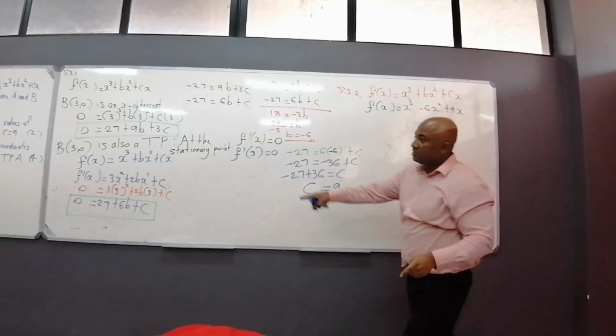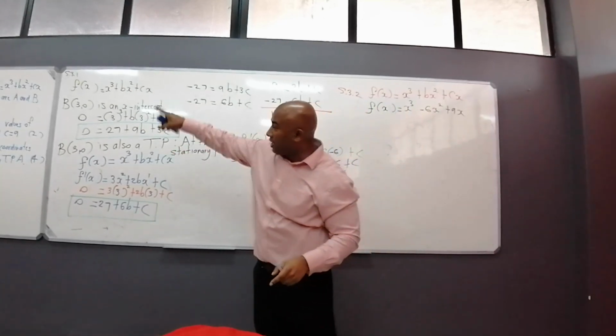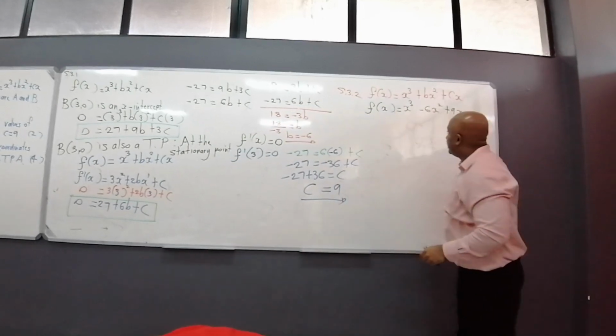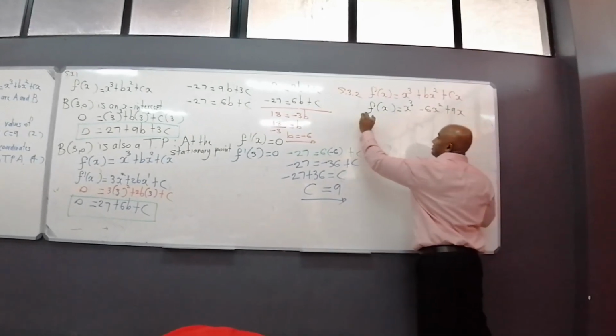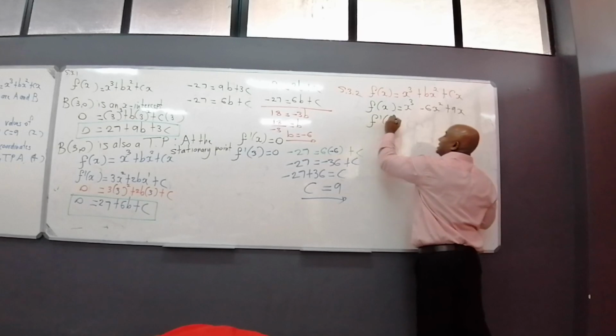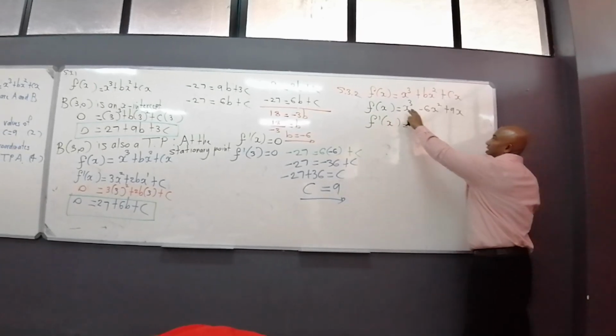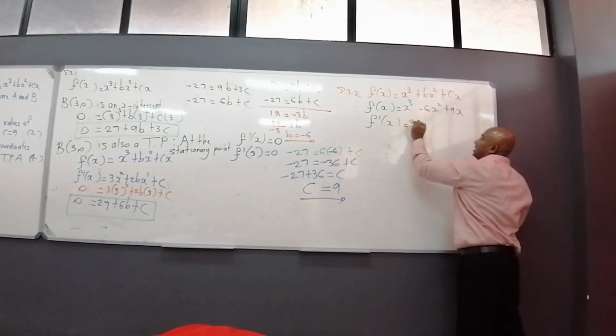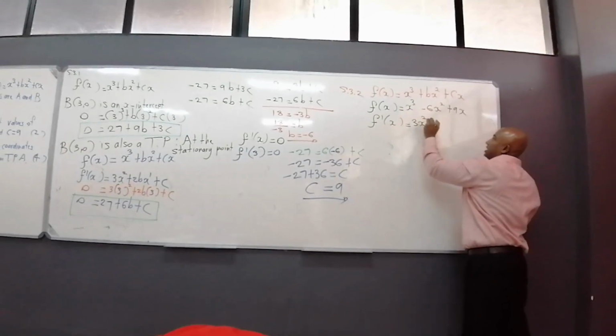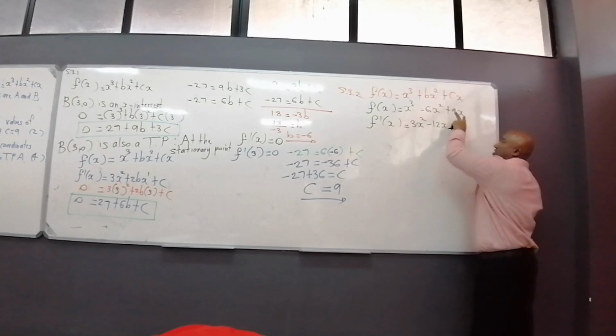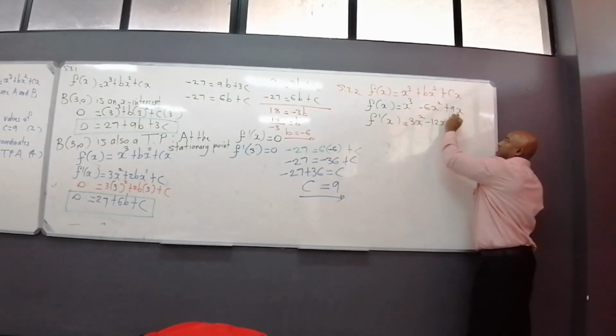So the question is, find the coordinates of the maximum turning point. Okay, so we need to find the first derivative, f prime x. To differentiate x cubed, that will be 3x squared. Differentiate here, minus 12x. Differentiate 9x, plus 9.